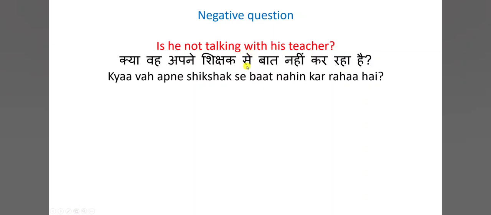Okay, we use say for with to. So with preposition we use say. बात कर is talk. Since it is negative question, we use nahi and we place nahi between baat and kar. Raha is ing, hai is.